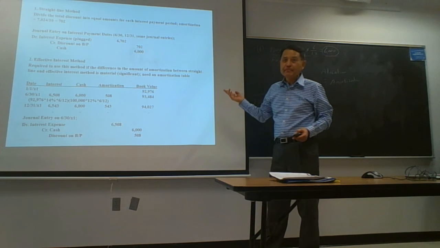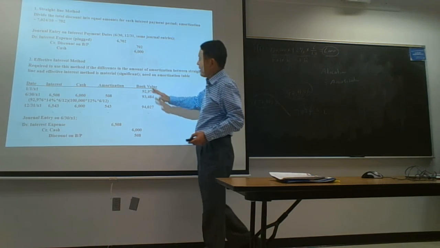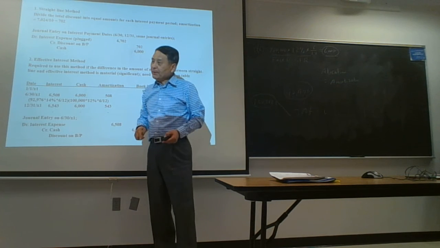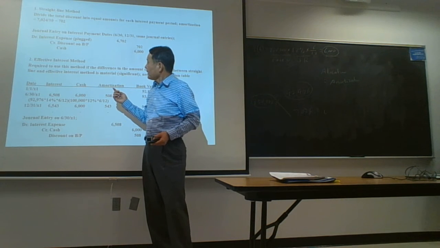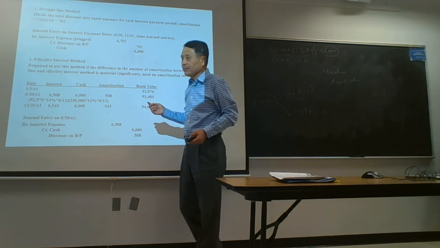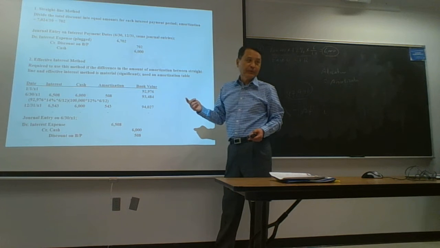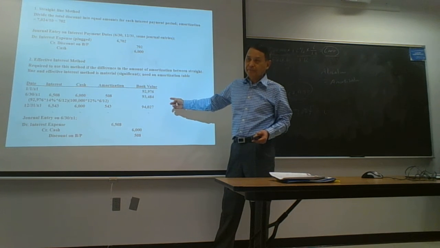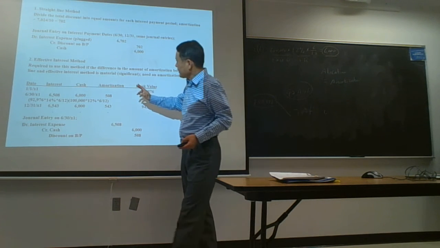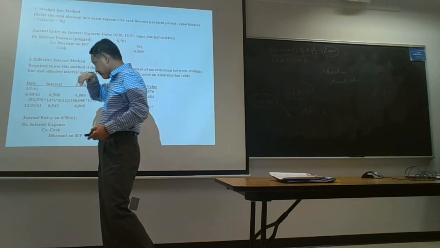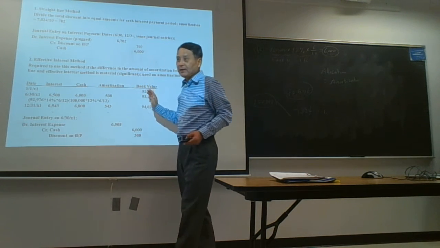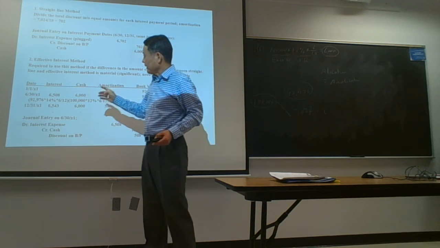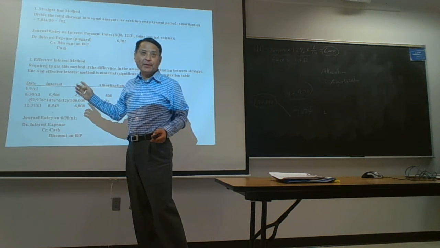Okay? Now, on the effective interest method, the allocation is made unequally. And for the effective interest method, we have to set up an amortization schedule like this first. Okay? This table is a 5-column table: 1, 2, 3, 4, 5. Column number 1 is for date of payment.